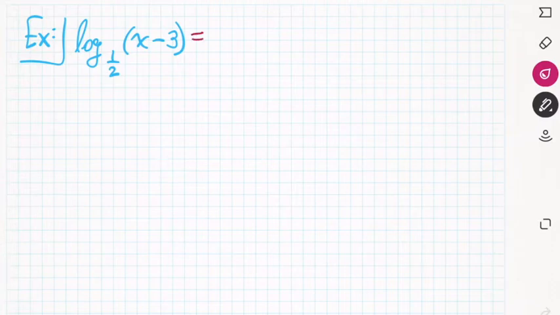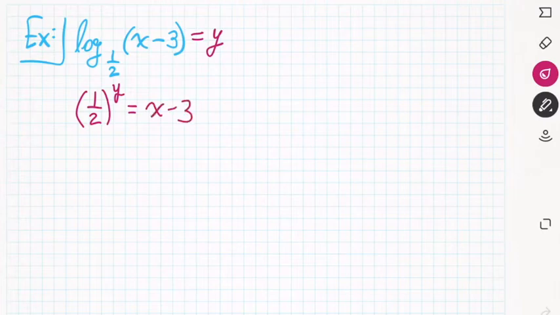We're going to first set this equal to y, and then we're going to change it into an exponential form. So the base is 1/2, the power is y, and it's equal to x minus 3. And then we're going to solve for y from this point, or get it back into terms of y. But I want to get rid of the 1/2 first.